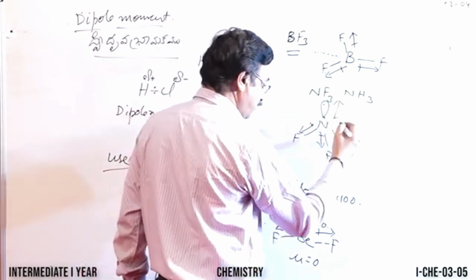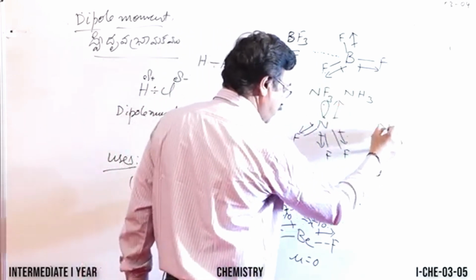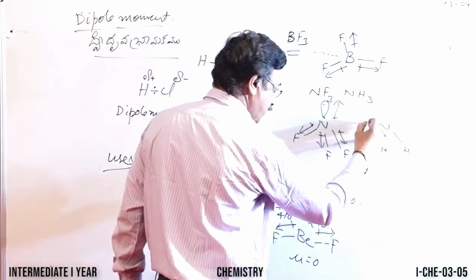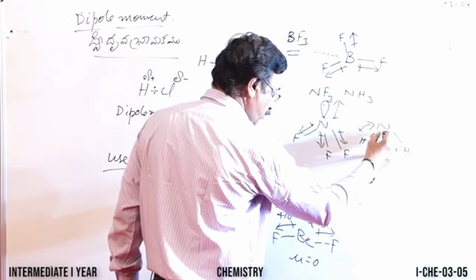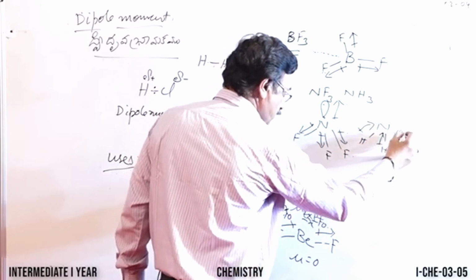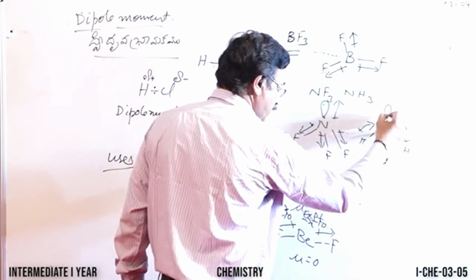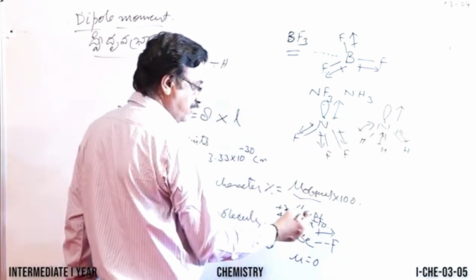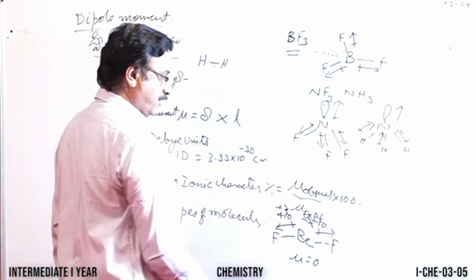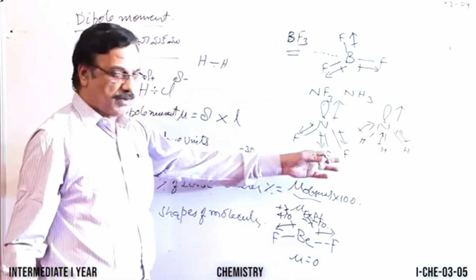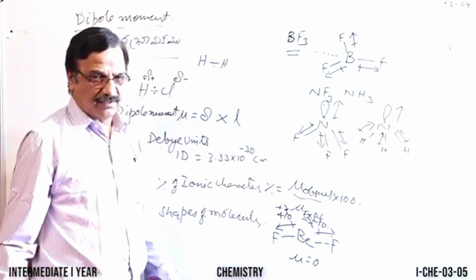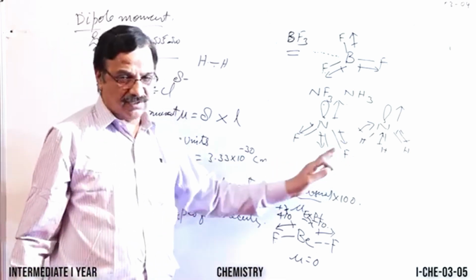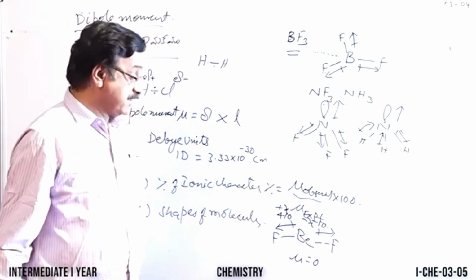In NH3, the bond moments are towards the nitrogen. So this value is more, this value is less. Approximately 0.8 something and 4.9 something. Like that, we get different values, and we get the shapes of the molecule, right?